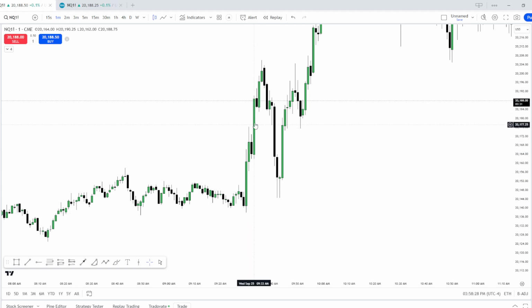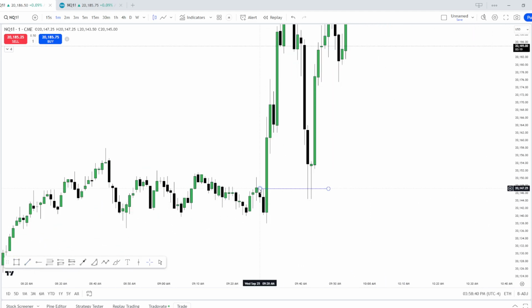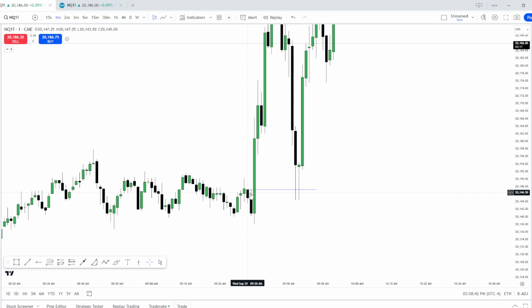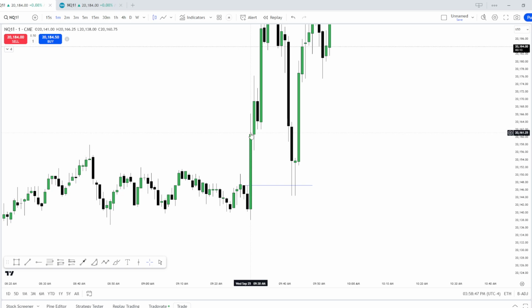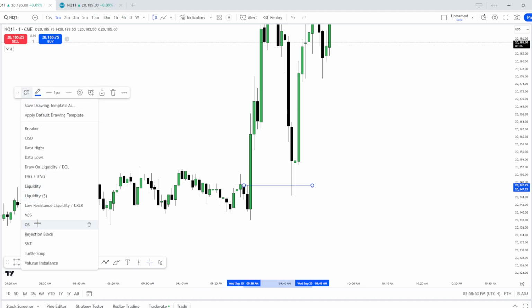Before this move to the upside, we had these two bearish candles, the last set of bearish candles before the opening price of this move got closed above. This candle closing above validated these two candles to be a valid bullish order block.